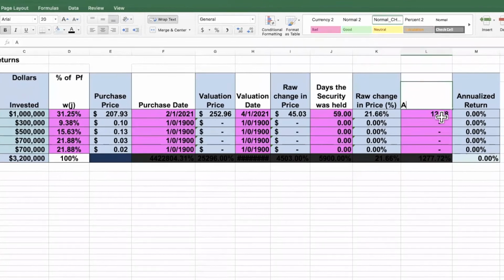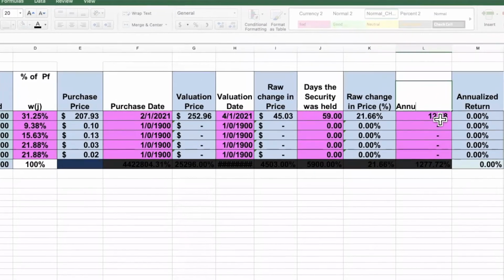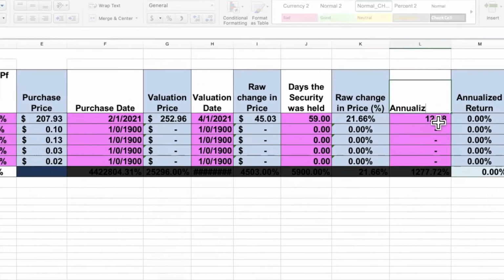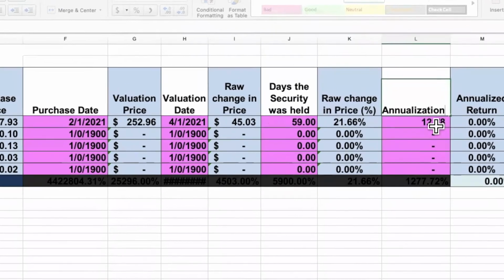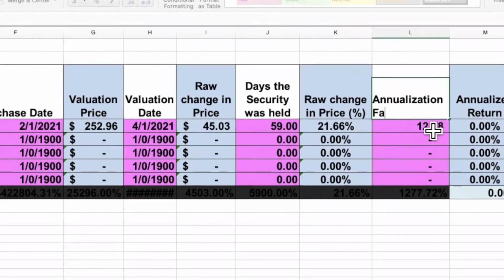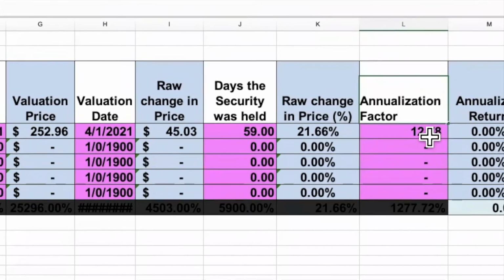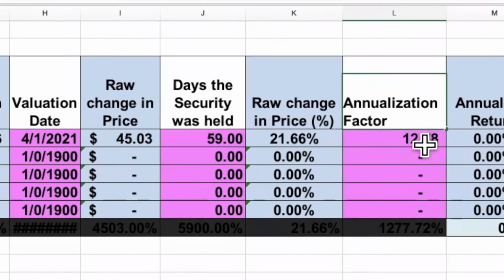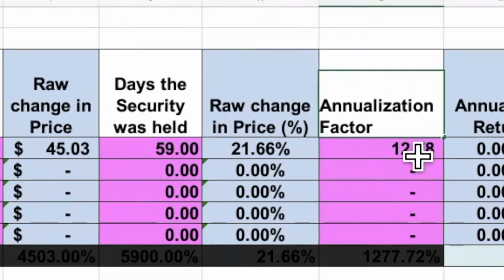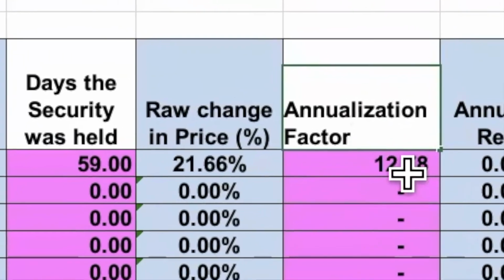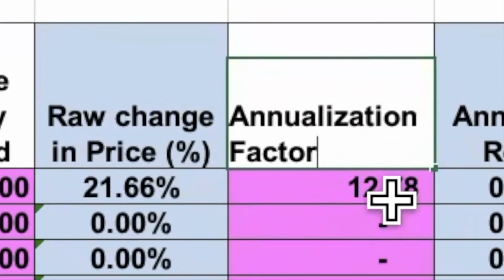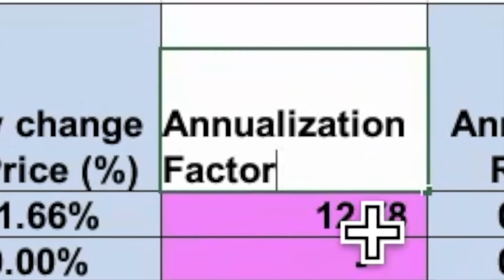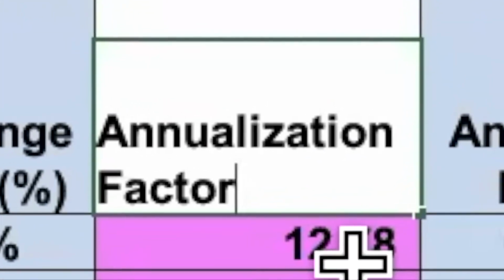So I'm going to change this to annualization factor. And that's a fancy way of saying I'm going to take that 59 days and divide it into 365, and it's going to give me a multiple.